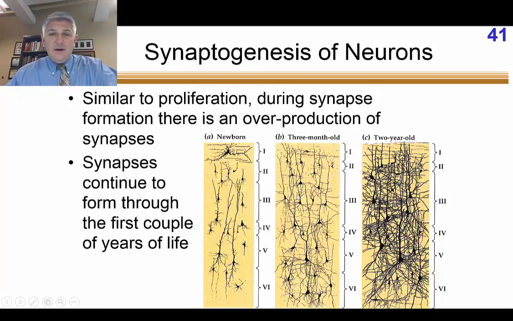And here we see neurons in the cortex of a newborn, okay? And what we see is that the number of neurons doesn't dramatically change, but what dramatically changes by 2 years old is the connectivity of those neurons.